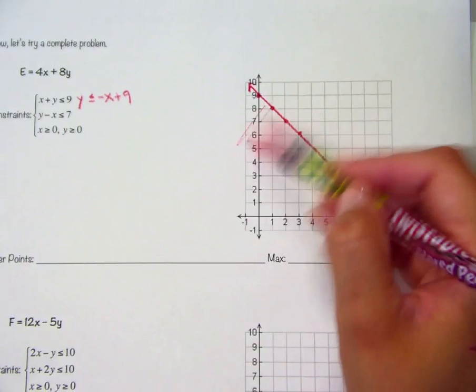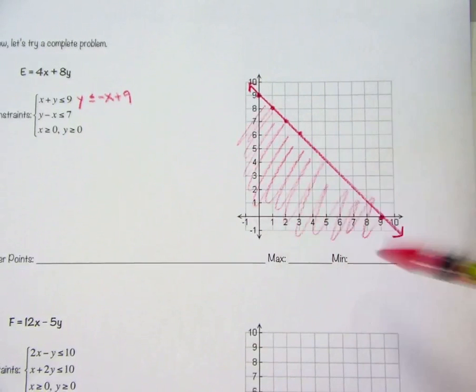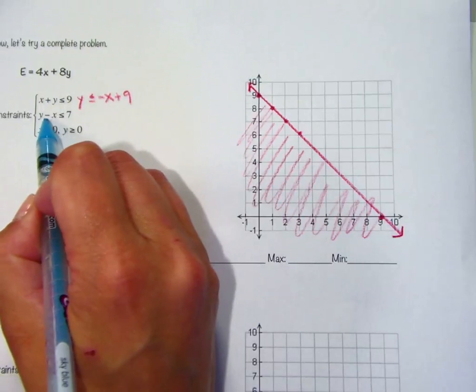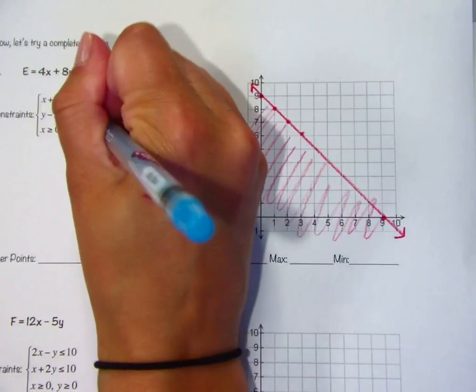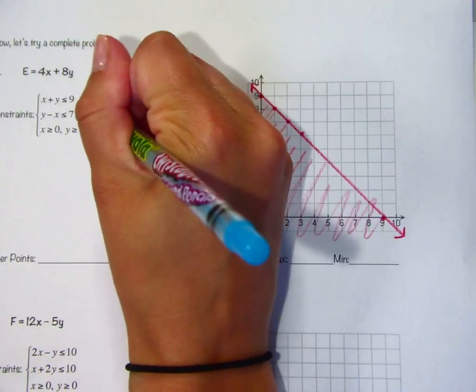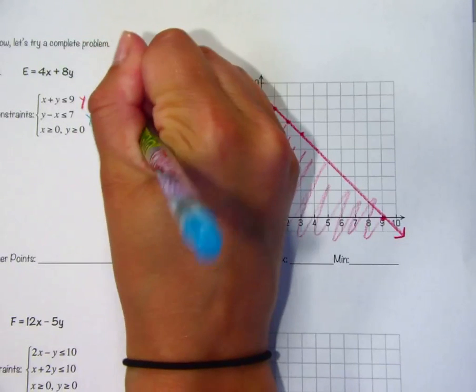If we look at our second inequality, we just need to add the x over. So y is less than or equal to x plus 7.